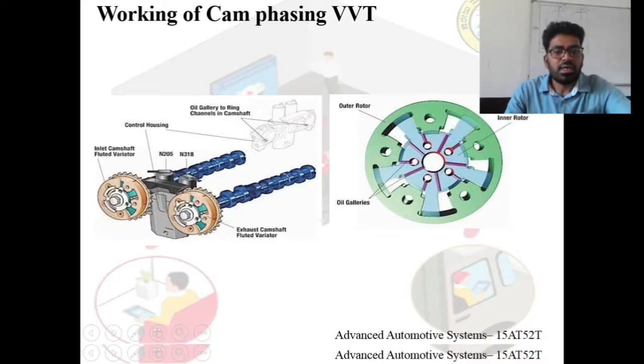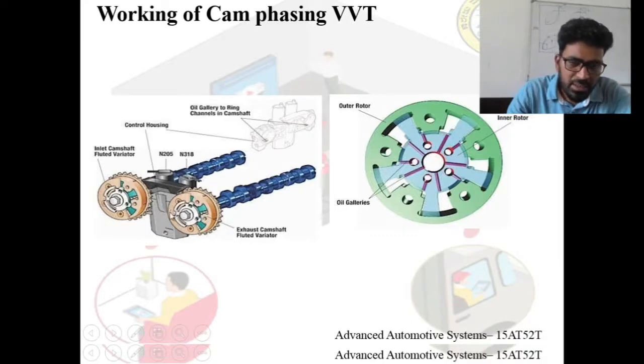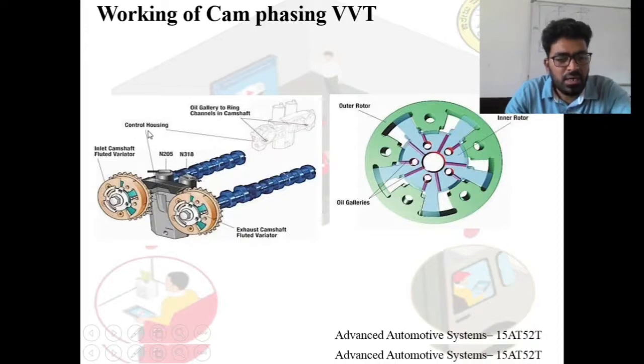One control housing controls the hydraulic pressure and supplies fluid to the oil galleries, to the inner rotor and in between the inner rotor and outer rotor. It supplies according to the speed of the engine, whether the valve has to open advance or retard. That is decided by this control housing.